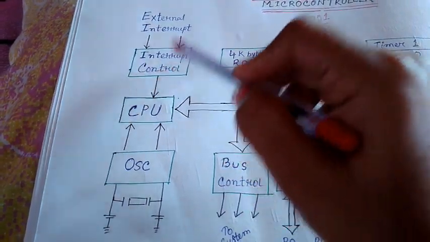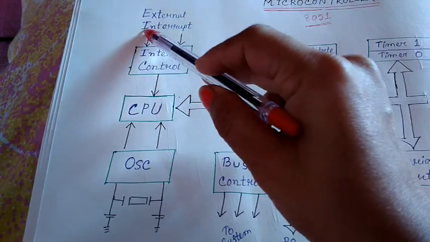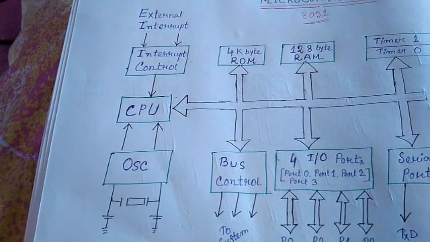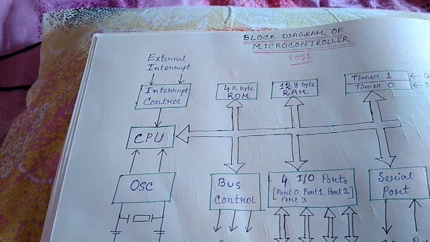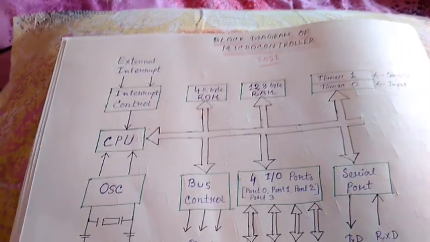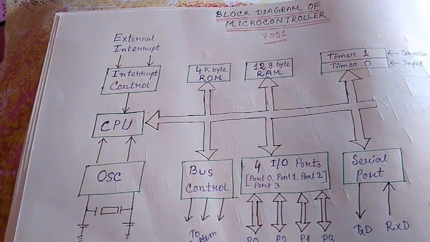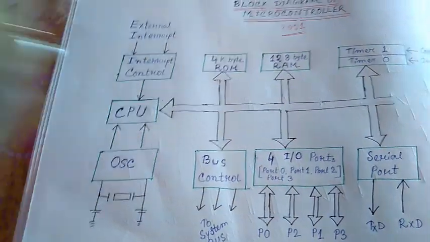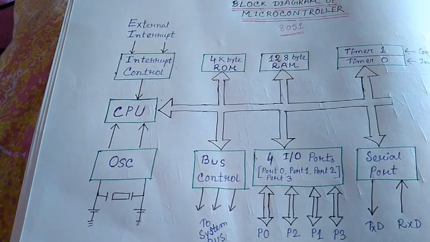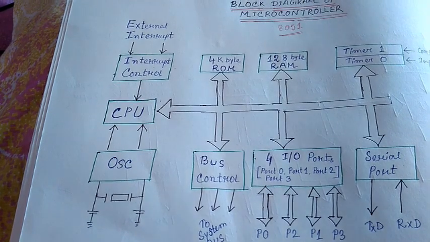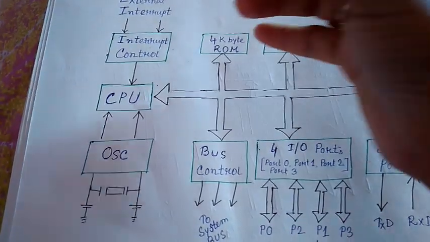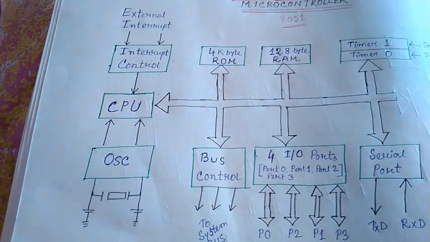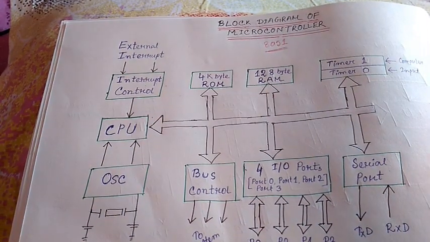And the first one, you can see, is the interrupt controller block, where the external interrupt is connected. First you have to know what an external interrupt is. An interrupt is nothing but a signal that can obstruct the total processing of the microcontroller IC.